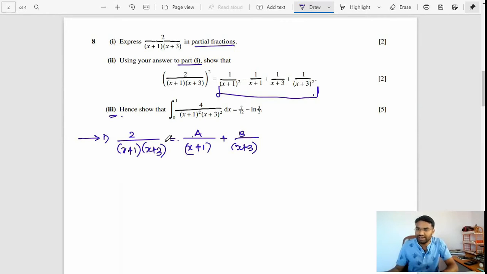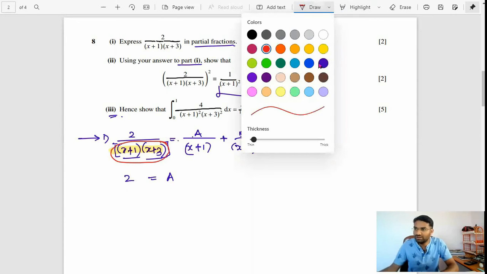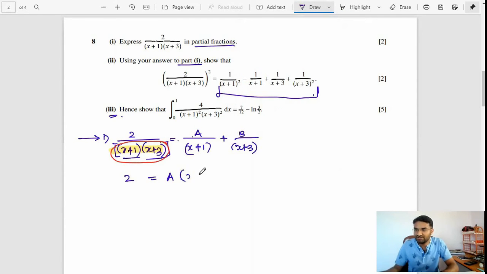Multiply this whole equation, left hand side and right hand side, by (x plus 1) times (x plus 3). So you will have 2 on the left hand side, which is equal to A times (x plus 3) plus B times (x plus 1).